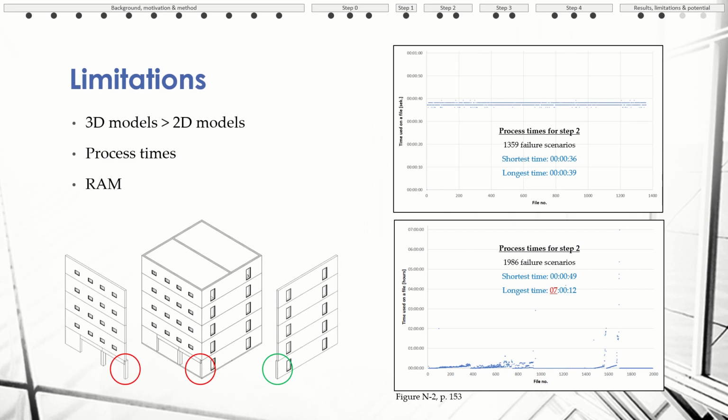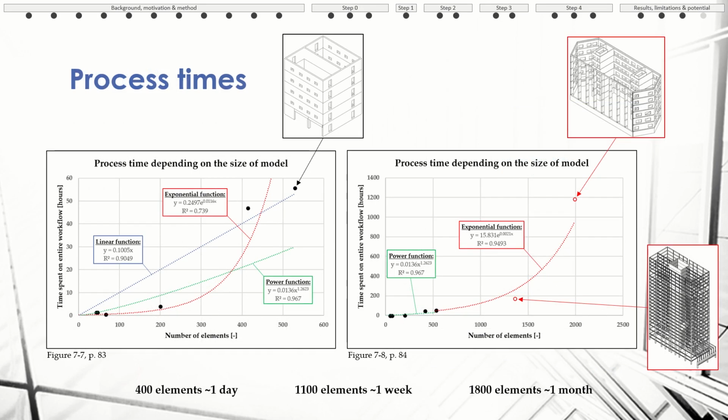We also looked at the process time of the entire workflow for these models we tested, and for this we found a nearly exponential growth in the time when the model size, the element count, increases.